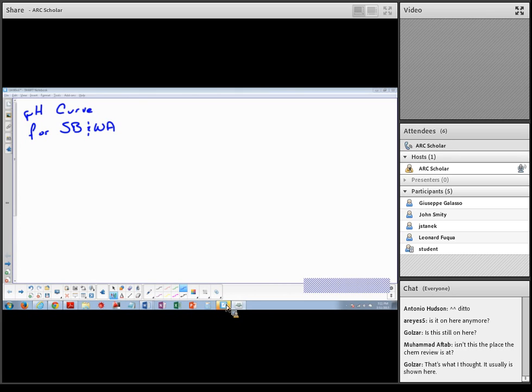I'm not entirely sure. I think you'd have to... let's say if we were looking at the pH curve for a polyprotic acid, then you're going to have something like that. So you're going to have the equivalence point for the first one there. The second one's going to be there.